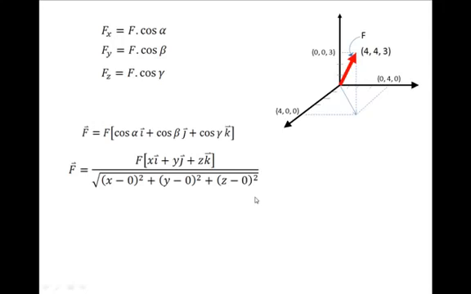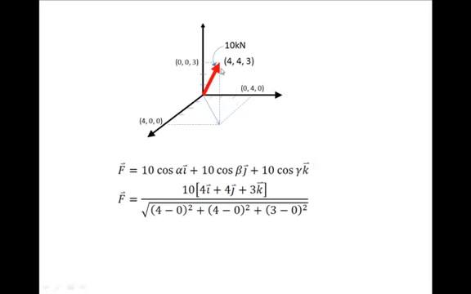Now you see, in other words, if we know the starting and ending point of the force, we can find out its inclination with the x, y and z axes. Now this is the basic information you need to solve any problem. Let's put some numbers. The magnitude of the force is 10.